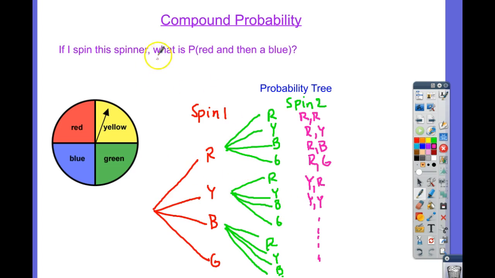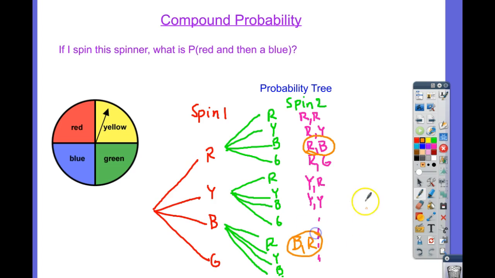So if it asks you what's the probability of a red and a blue, you will go to, let's use a different color. You could go here, red and a blue, there's one. And there's also this one, blue, red. This will be blue, red down here.